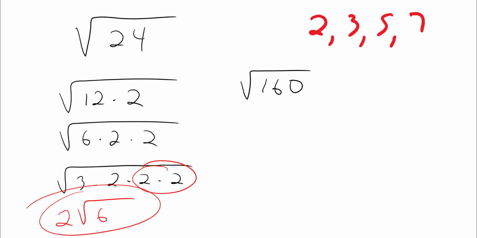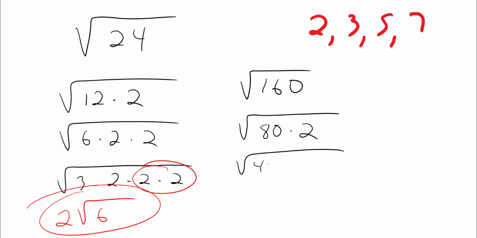But if you give me about 15 seconds, I can tell you. The first thing I'm going to do is divide it by 2. You can divide it by 5 if you want, because I know 5 goes into 160 because of that 0 there, but I'm just going to divide it by 2. So 80 times 2. I'm going to divide that 80 by 2 because I can, right? So 80, that's 40 times 2 times 2.